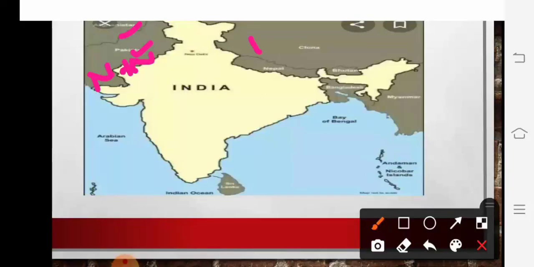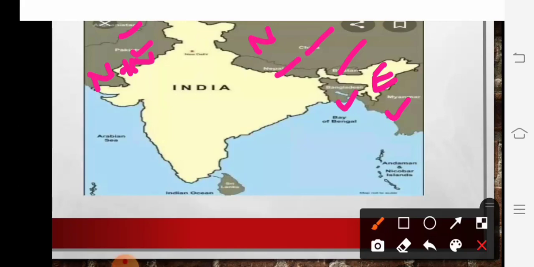When we go to the north, you can see that China is there, children, Nepal is there and Bhutan is there. Okay, so this was all about the north and northwest. And when we go to the east, Bangladesh is there and Myanmar is there. These are the two important neighboring countries situated in the east.